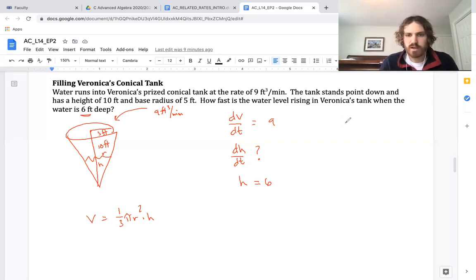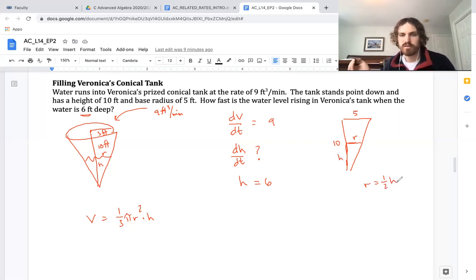This is where it comes into play: if this whole tank has a height of 10 and a radius of 5, then that means the relationship between H and R is that R has to be 1/2 of H, right?